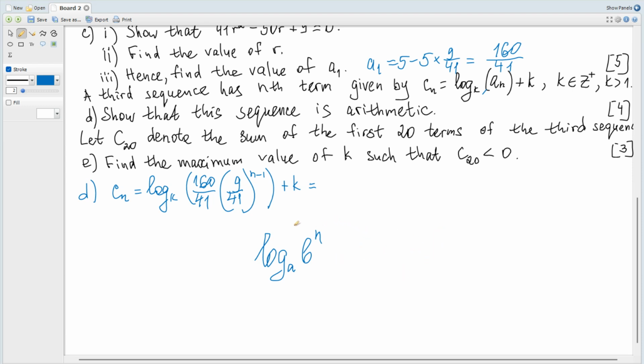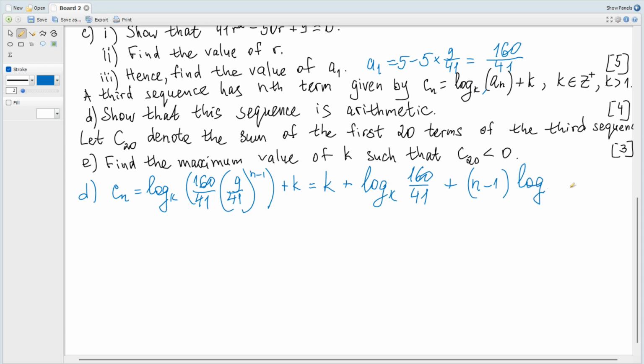So it becomes, and let's write this k in front, k plus log to the base k of 160 over 41 plus log of 9 over 41 to the power of n minus 1, which is n minus 1 times log to the base k of 9 over 41.